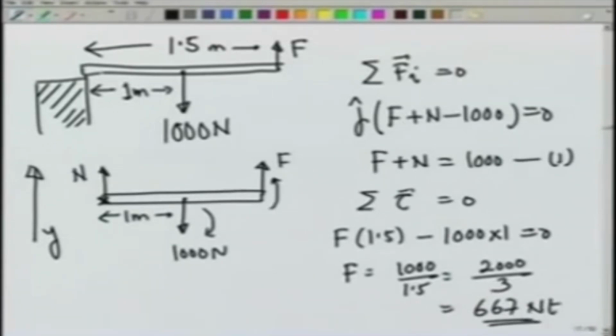So, you see, this is how I am going to apply the condition for equilibrium for the force and the torques. For the second example, let us take the case of a lever that we use every day. Let us suppose we have a very hard rod which is put on a brick on the ground.